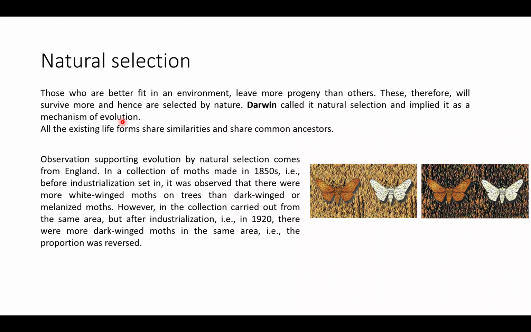So natural selection: all existing life forms share similarity and share a common ancestor, but some survive more because they are better fit in the environment. One example that supports natural selection is an observation that comes from England.